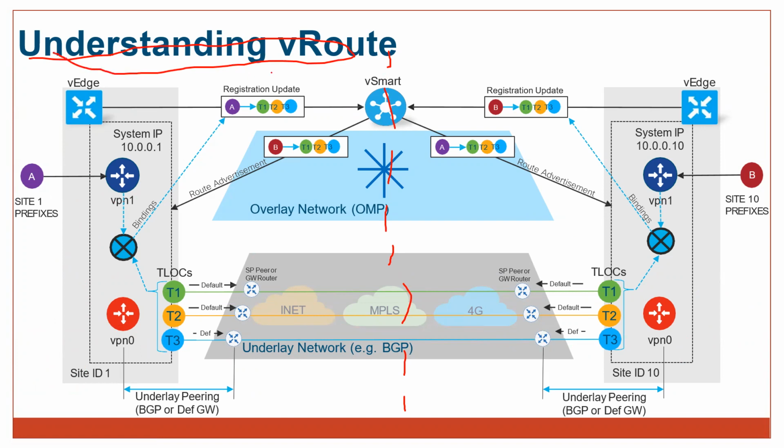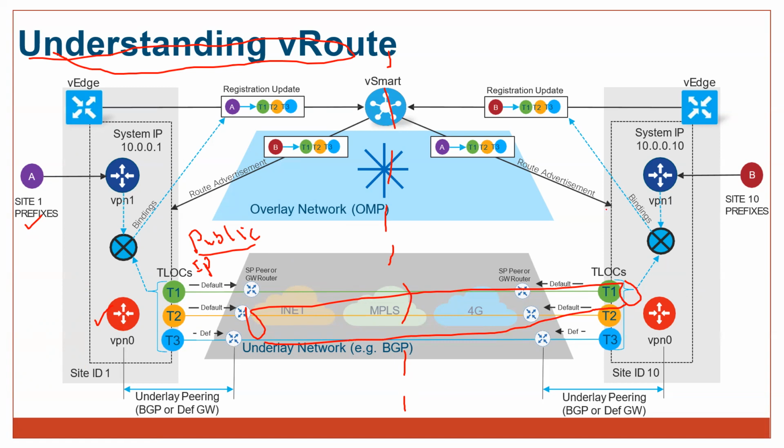Now you see that you have a prefix and then you have your VPN 0, and over VPN 0 you have something called an IP address. For the sake of simplicity, I'll just say IP. Sometimes it will be a public IP. How are you forming the IPsec tunnel? You can form the IPsec tunnel as long as you know the tunnel endpoint address.